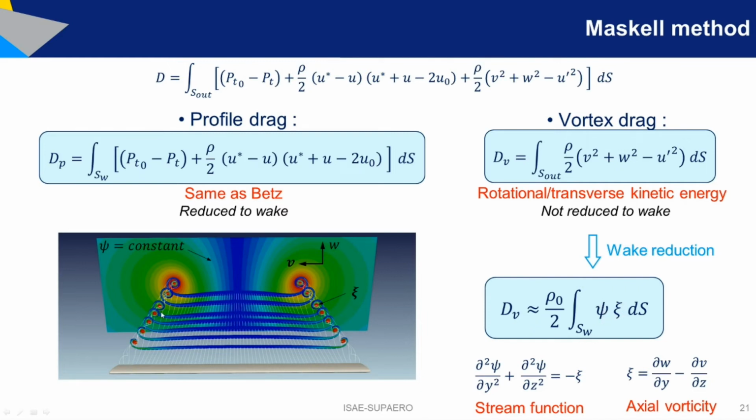Indeed, at that plane you compute the vorticity at the wake and use this vorticity to solve this Poisson equation, and you will obtain the stream function psi that gives you constant lines around the vortices, and each line of constant value is basically the streamline at the survey plane. You can see that the particle is rotating around the vortex by the velocity induced by the vorticity itself. So that's the meaning of the stream function, and then the product of the stream function and the local vorticity will give you the vortex drag.